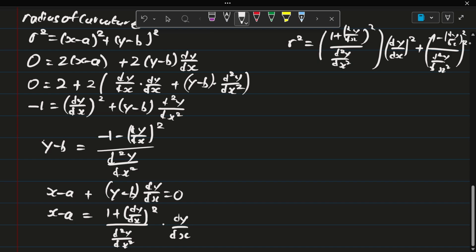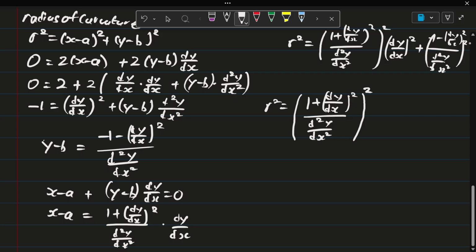So you get your r squared to be 1 plus (dy over dx) squared over d squared y over dx squared. Sorry, this is squared as well, multiplied by 1 plus (dy over dx) squared.